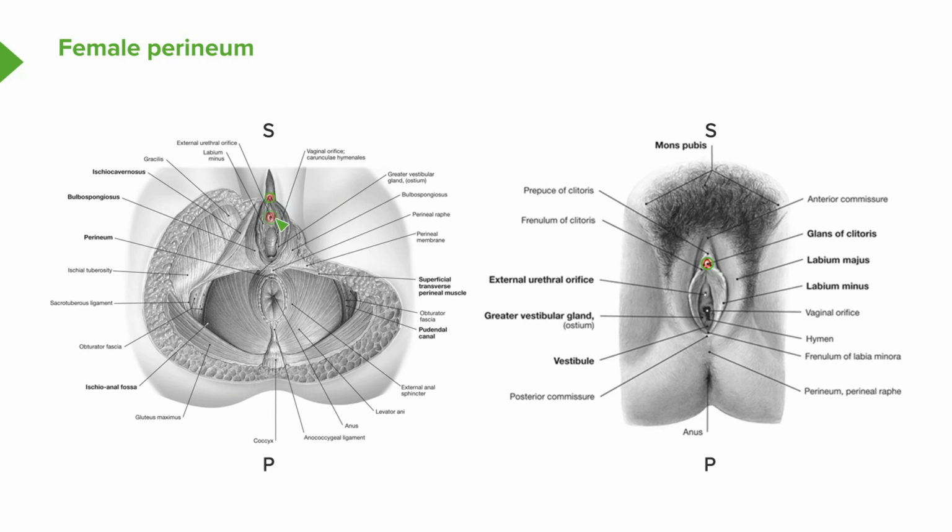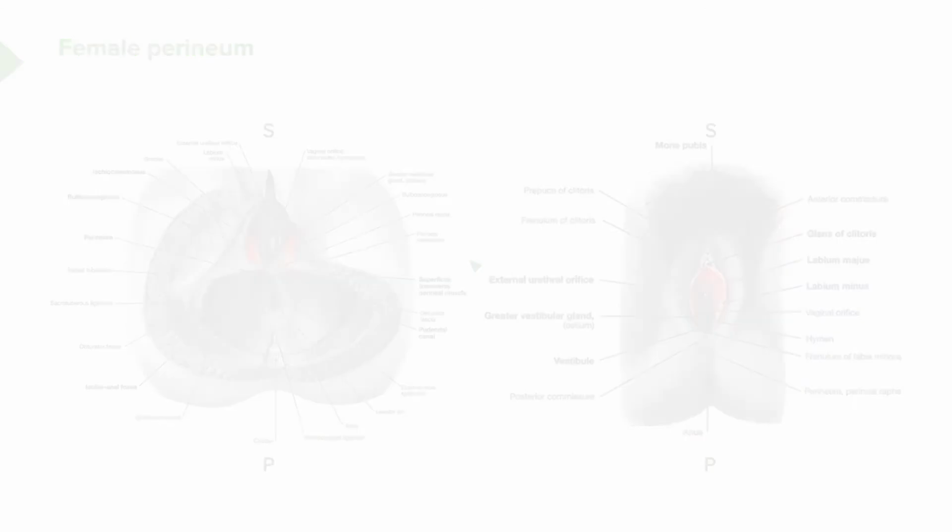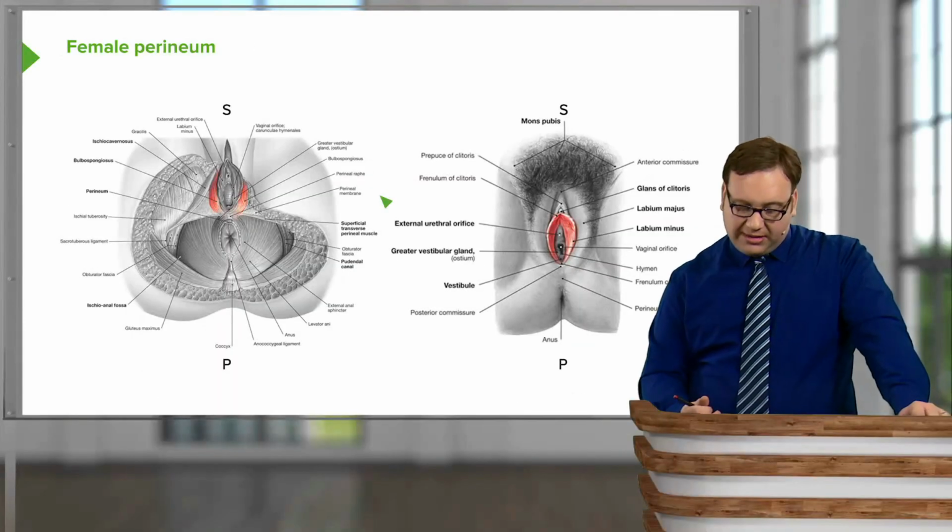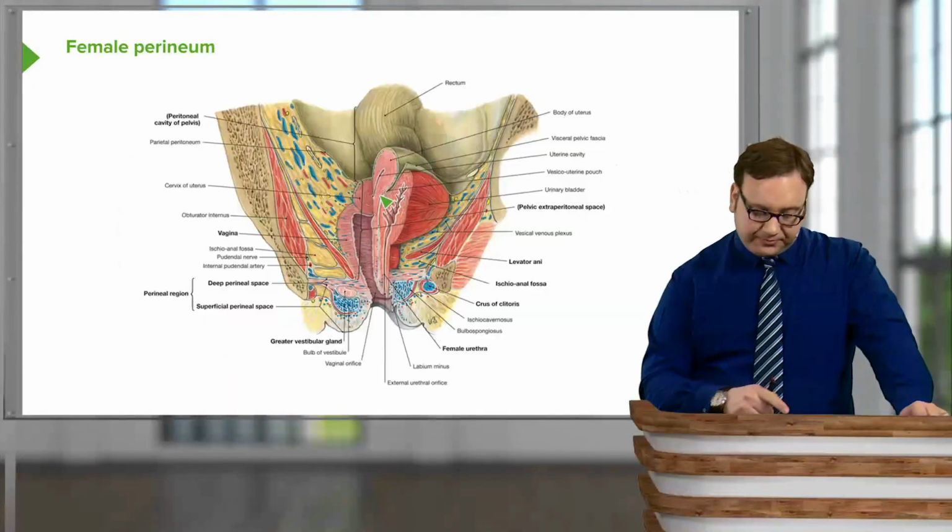Here we have the opening for the urethra, and here we have the opening for the vagina. And here we can see the bulbospongiosus muscle covering the bulb of the vestibule. To find the bulb of the vestibule, you'll have to clear away this fatty labia, and if you dig down deep, you should be able to find it.